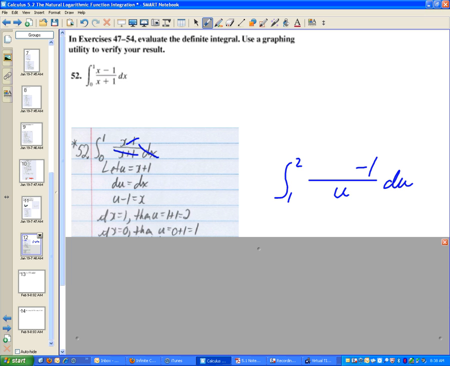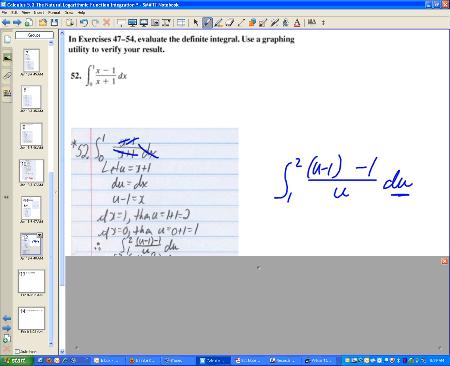What does the x become? So u minus 1. And now, because now my variable of integration is u, and the limits of integration were originally in x. Okay, you with me? All right, so that gets us this far.